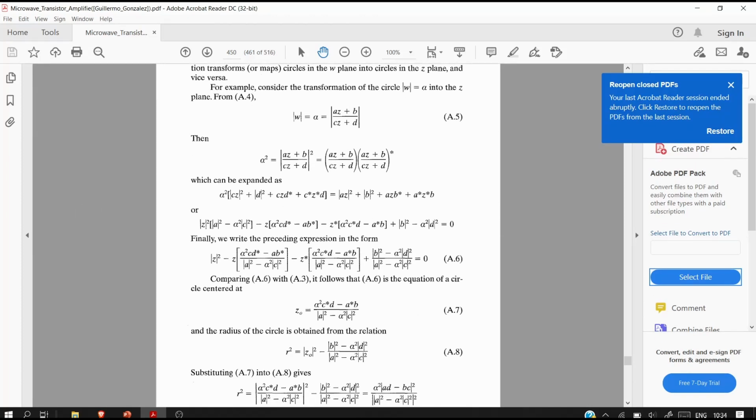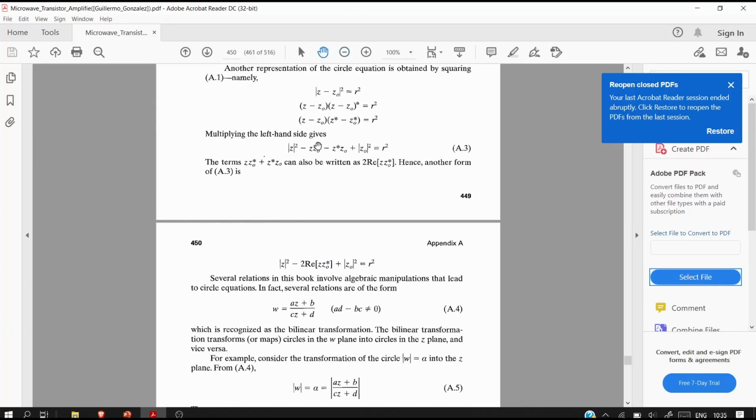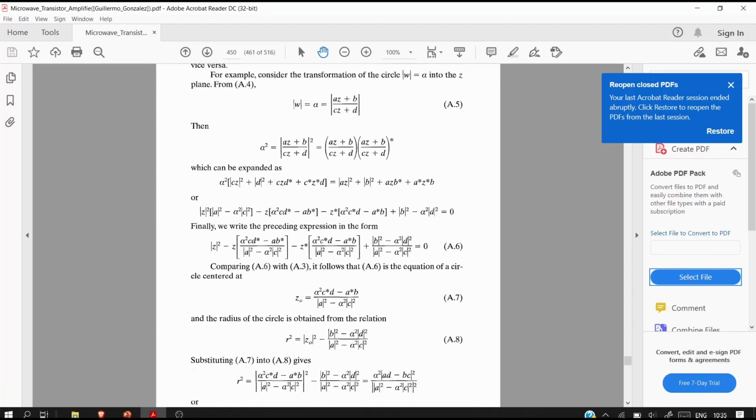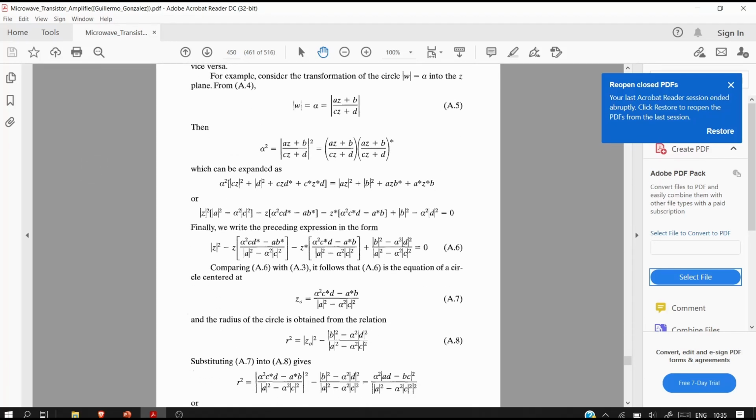What they are doing here is squaring both sides, and they are doing everything just to get this into the A3 form. Squaring it and simplifying means you need to bring your conjugate inside and then multiply them, and then cross multiplication will give this equation.